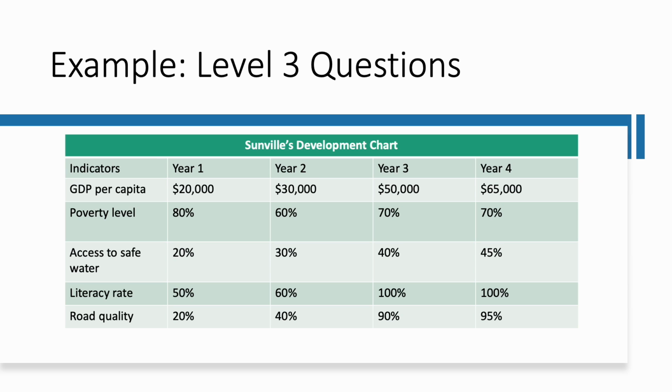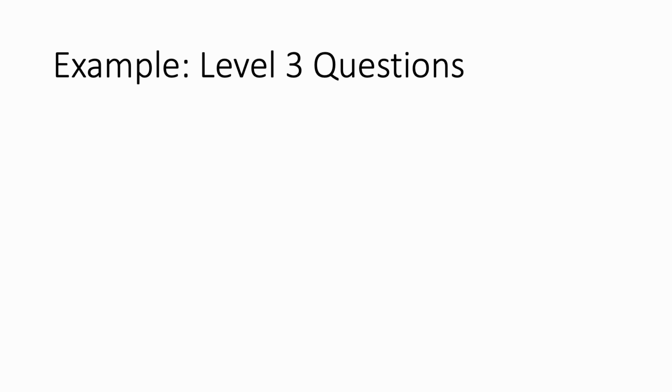Now, looking at the table, you see that we have several indicators of economic development: GDP per capita, poverty level, access to safe water, literacy rate, and road quality. Carefully think about what you would write if you were asked to analyze the state of Sunnyvale economic development. A possible response could be the following.